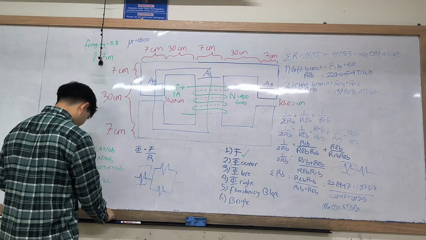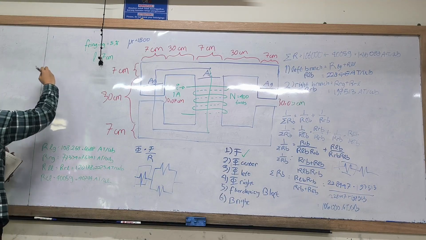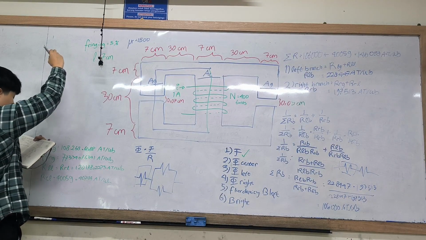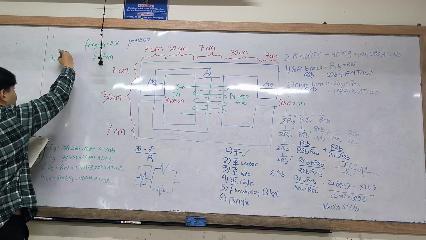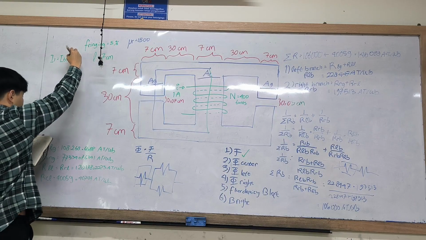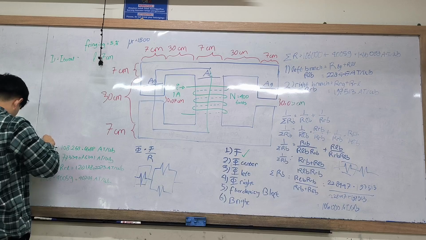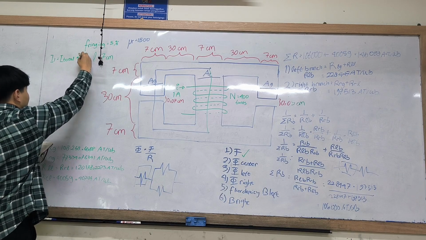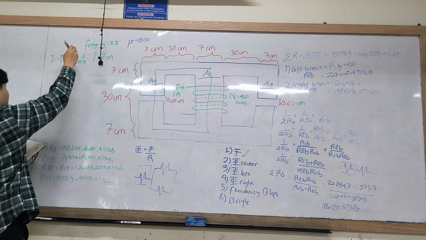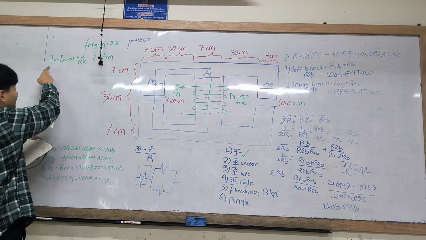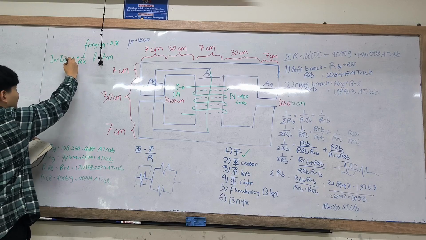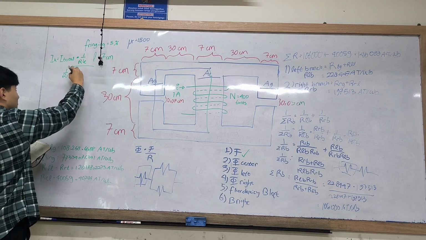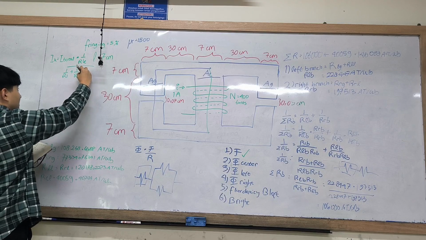Essentially, the current divider rule is the total current multiplied by 1 divided by that specific reluctance or resistance. I'll change this because it's not by 1, it's divided by R1 plus R2 plus Rn.